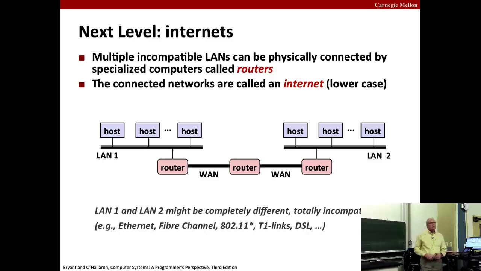And then an internet refers to the idea of taking those local area networks and connecting them together via routers. And routers obey a particular protocol based on the address that you're trying to send data to.